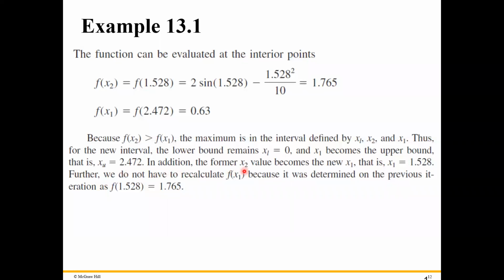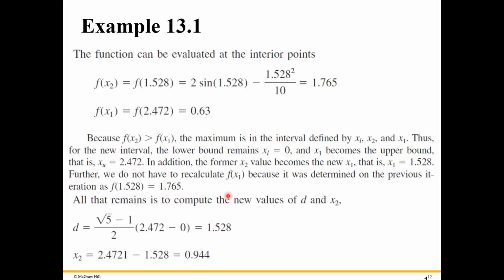In addition, the former x2 value becomes the new x1. That is, x1 is equal to 1.528. Further, we do not have to recalculate f(x1) because it was determined in the previous iteration, and it is 1.765.